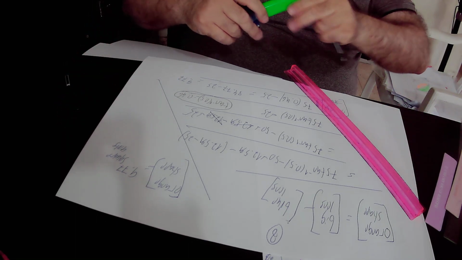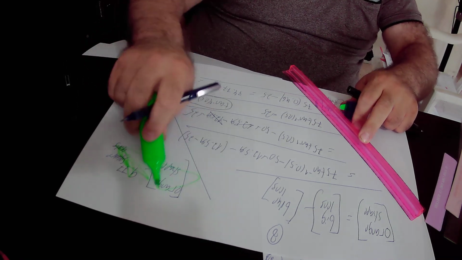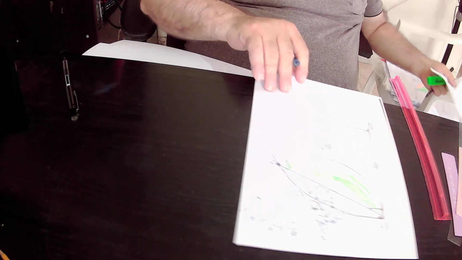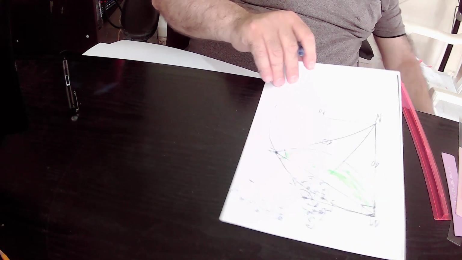Okay. Here, according to the second method, we found out that the area of the orange shape equals 9.77 square units.